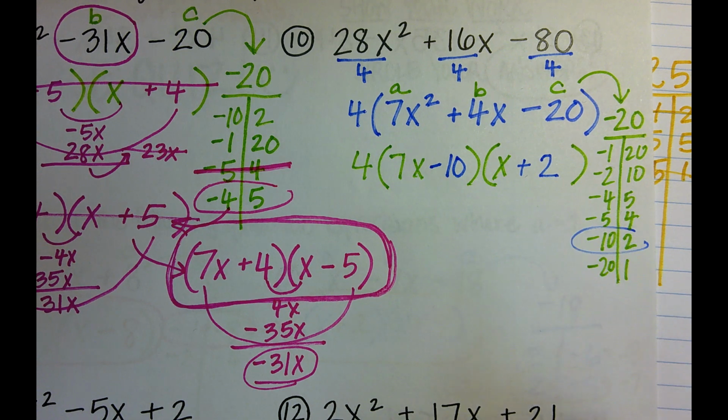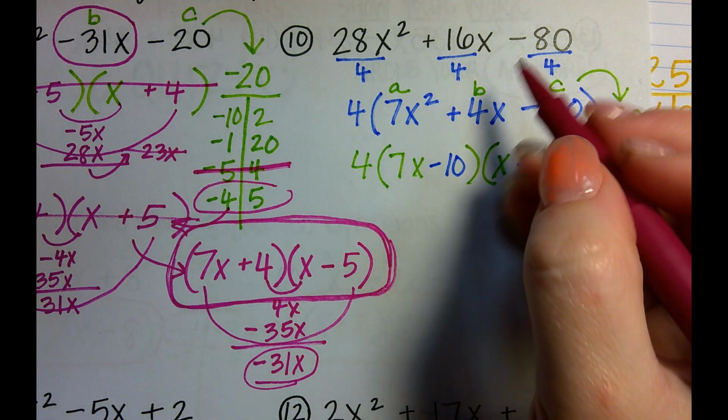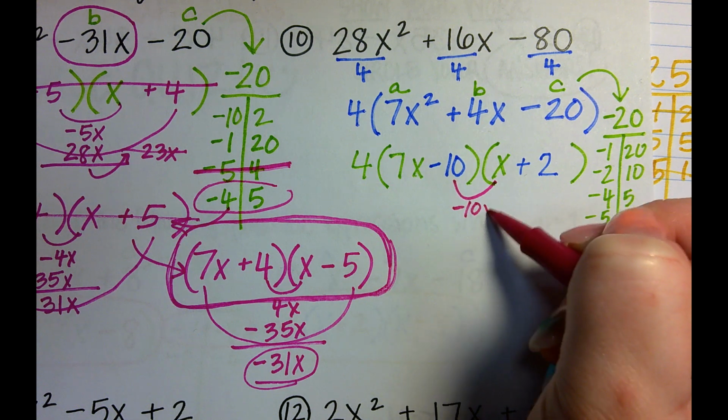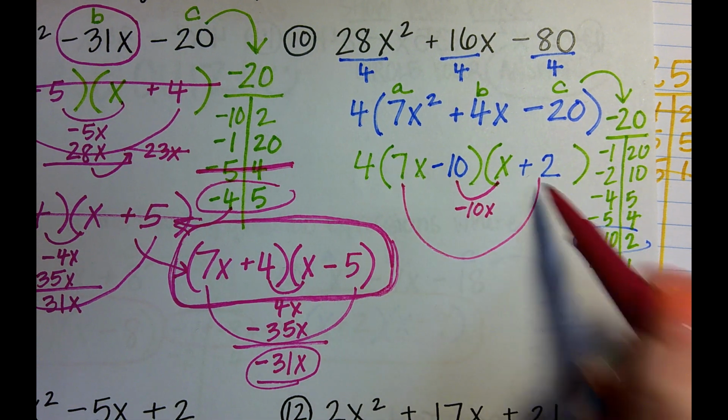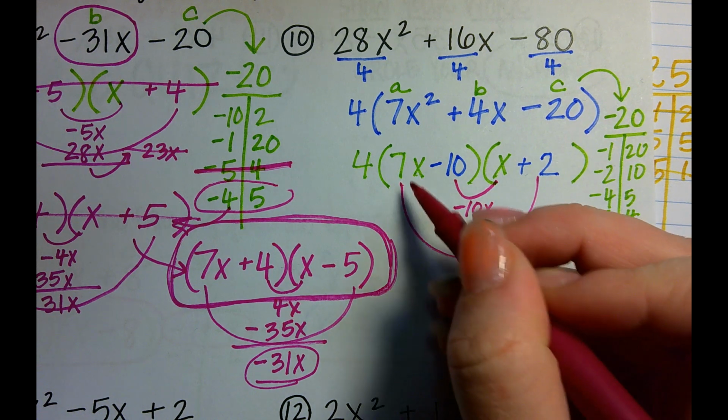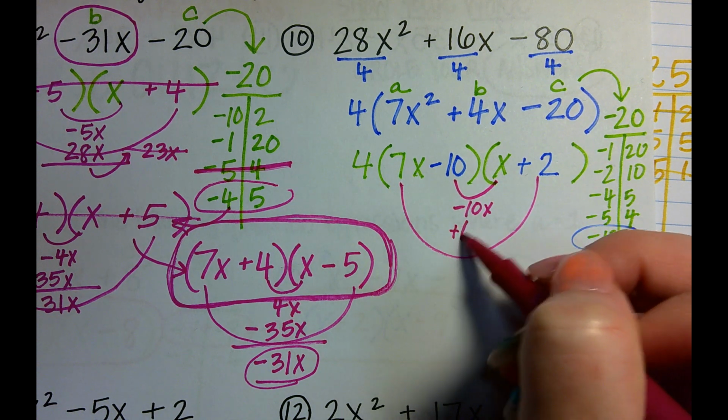So how do we check to see if this is correct? Rainbow method. Okay, so I've got negative 10x and positive 14x.